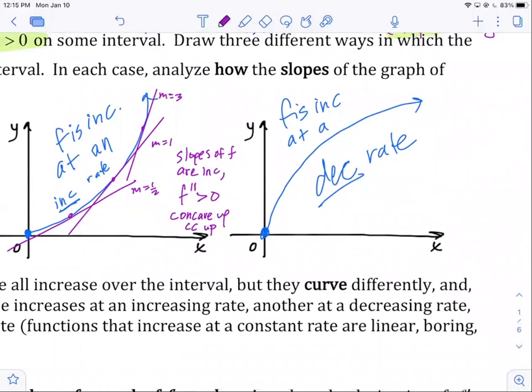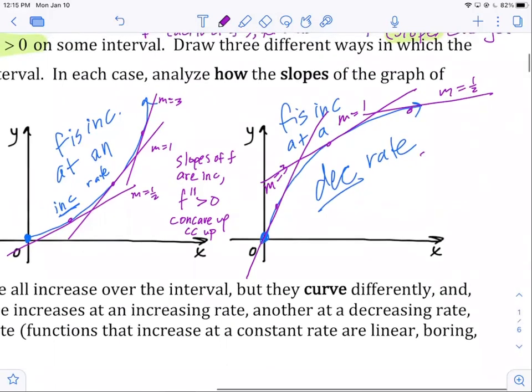Now, in the second one, let's draw this. It's going up, but here we have a slope that might be steep, like a 3. Here we have a slope that might be less steep, like a 1. And over here we have a slope that could be like 1/2. So even though the y values are increasing, the first derivative is positive. Here, the slopes are decreasing. And when I say slopes, I mean the slopes of f. It's not really good to just say slopes, because I could say what? The slopes of Colorado, right?